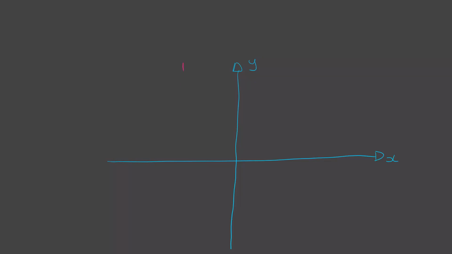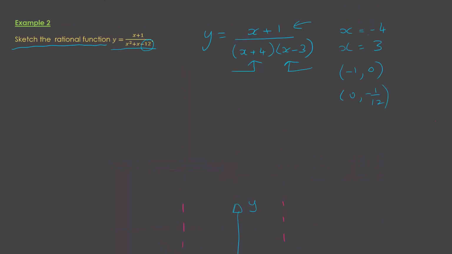We've found that we have a vertical asymptote, x equals negative 4, and a vertical asymptote, x equals 3. We've got the x-intercept at negative 1 and the y-intercept at (0, negative 1/12). Now, there's more analysis that we can do to get a really good picture of what this graph looks like.